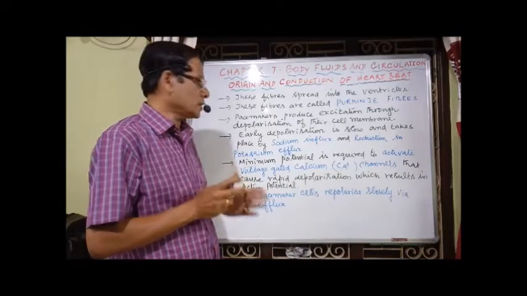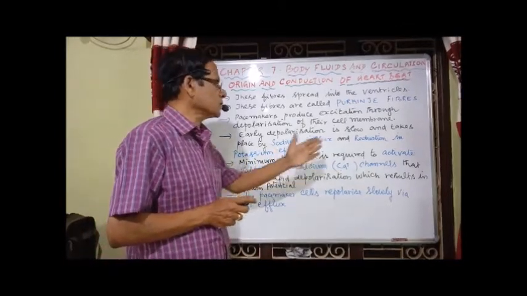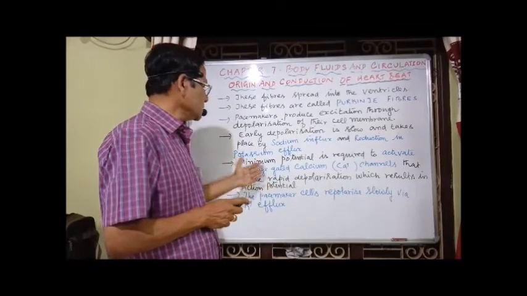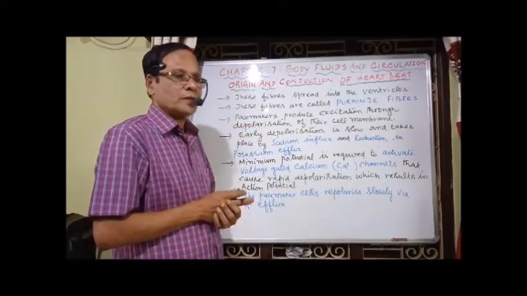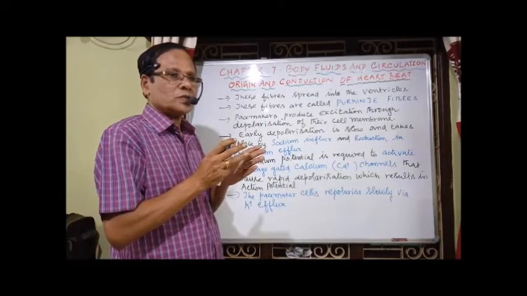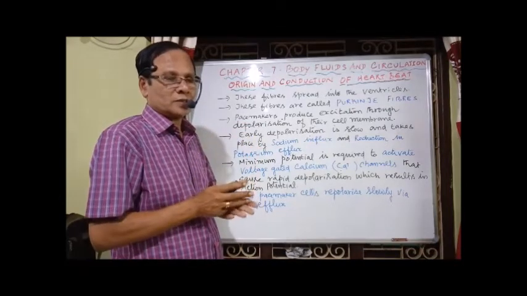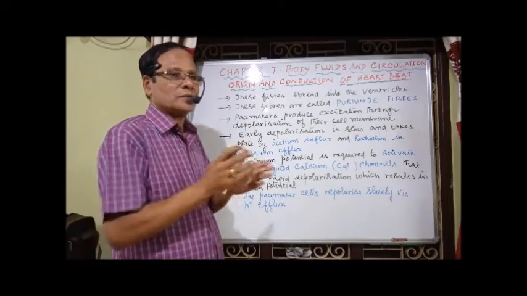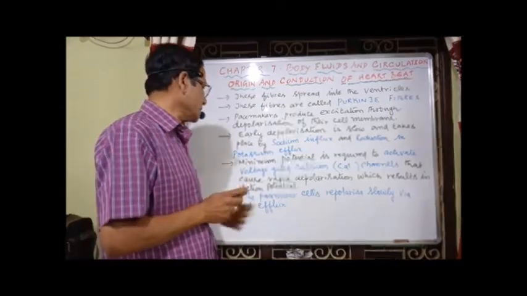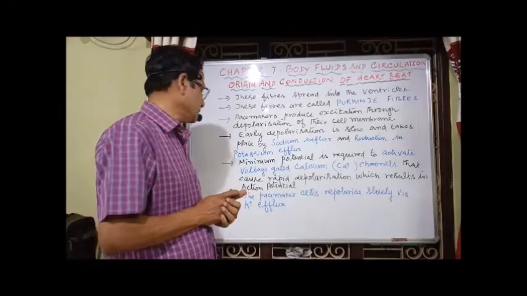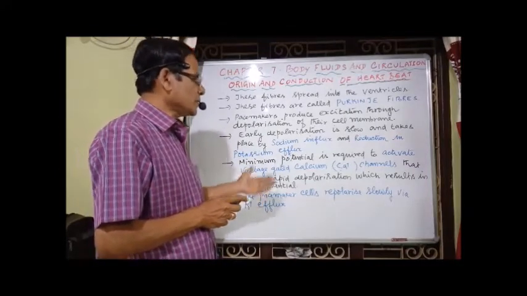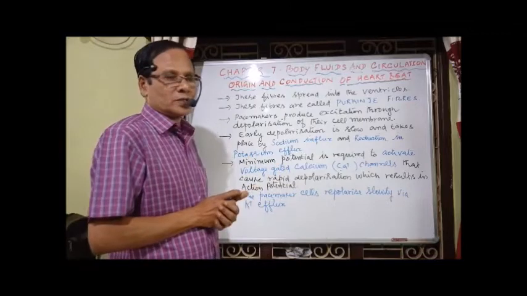For that, we need the help of the calcium channels. They are voltage gated channels. Gates mean the openings present on the surface of the membrane. They open according to the number of positive and negative charges, the electrical charges, hence they are called voltage gated channels. They open according to the voltage, and cause rapid depolarization, which results in an action potential.